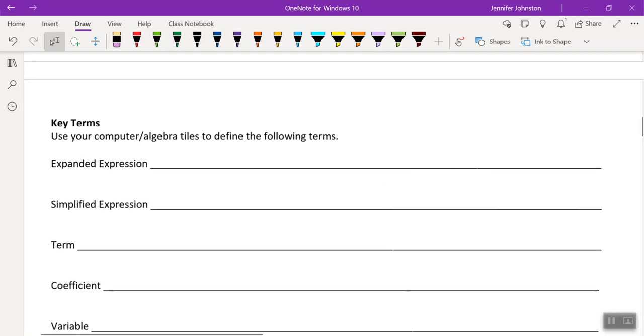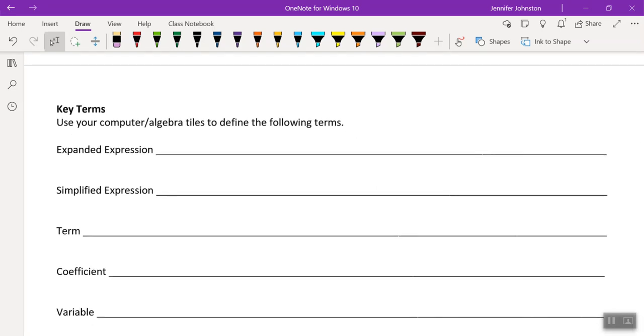All right, so we're going to write down some definitions here. If we were in class, I'd ask you to find them on your own, but I'm going to write them out here for you. So an expanded expression is an expression that has no collected items.